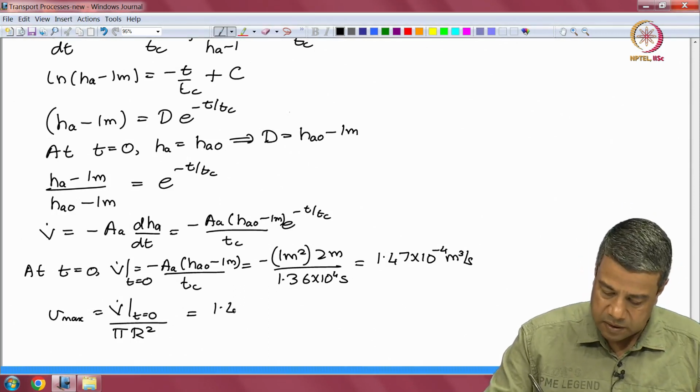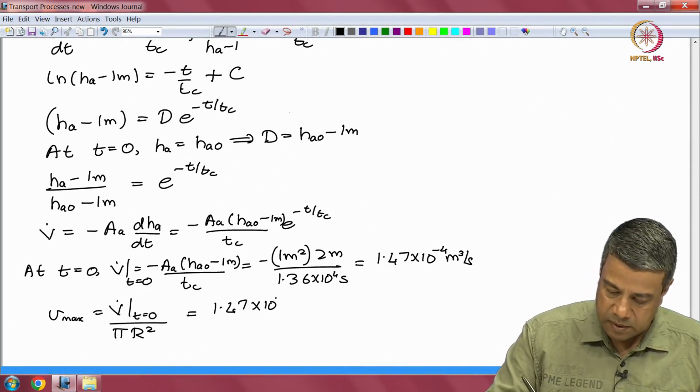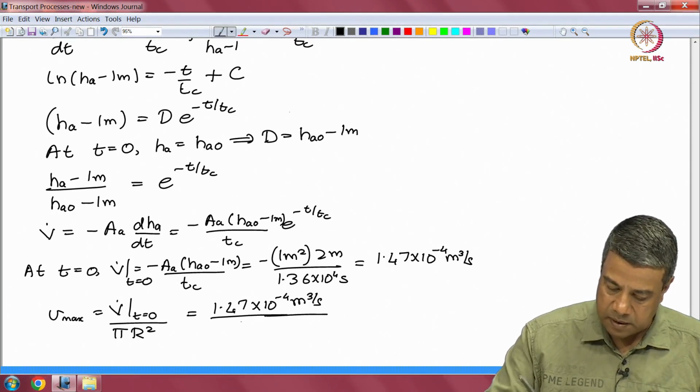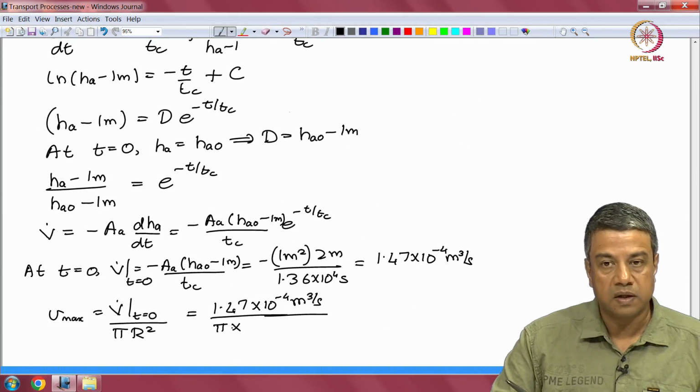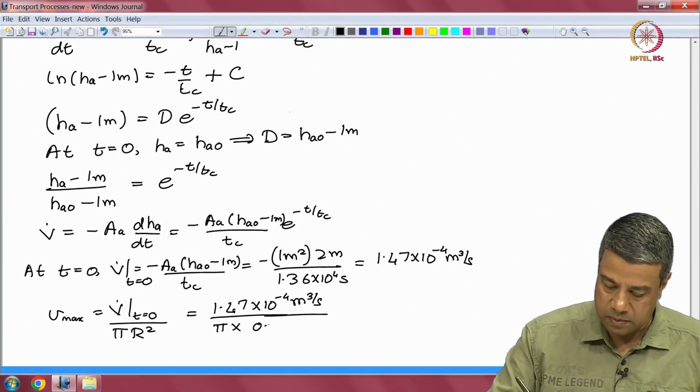Which is 1.47 into 10 power minus 4 meter cubed per second divided by pi into radius, a half a centimeter, 0.5, the whole square.